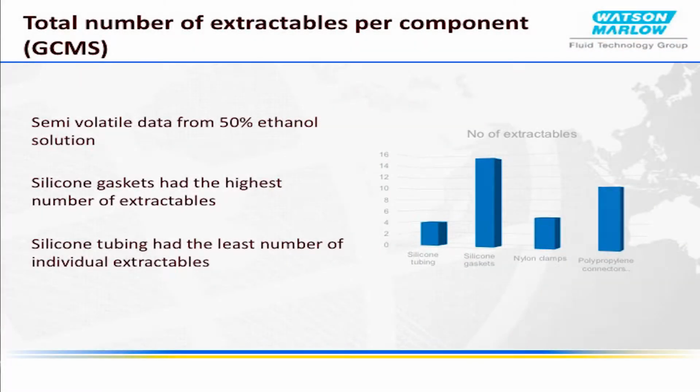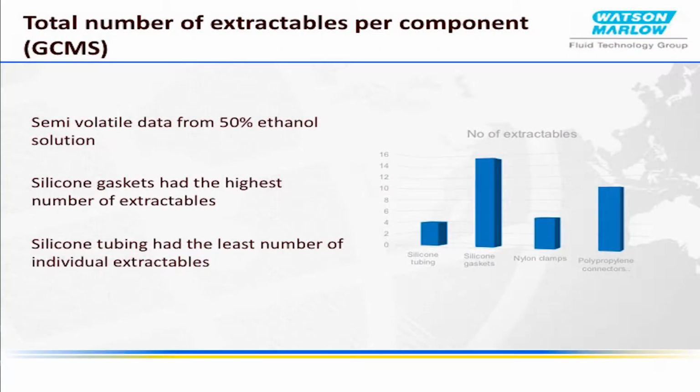So this slide details the total number of extractables per component just by looking at the GCMS, so just looking at the semi-volatile analysis based on a 50% ethanol solution. What we found was that the highest number of individual extractables were from the silicone gaskets. The silicone tubing had the least number of individual extractables.